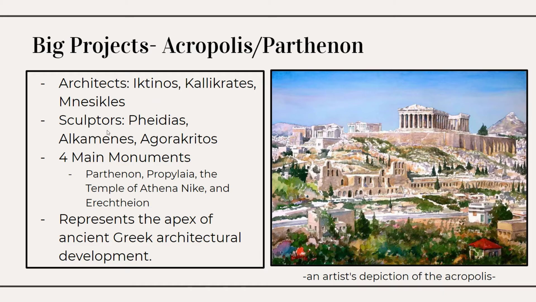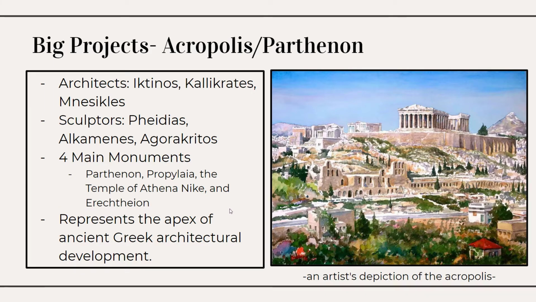And then we have some of the sculptures here. In the four main monuments, we have the Parthenon, the Propylaea, and the Temple of Athena Nike, and the Erechtheion. And I will go on to those in the next slide.